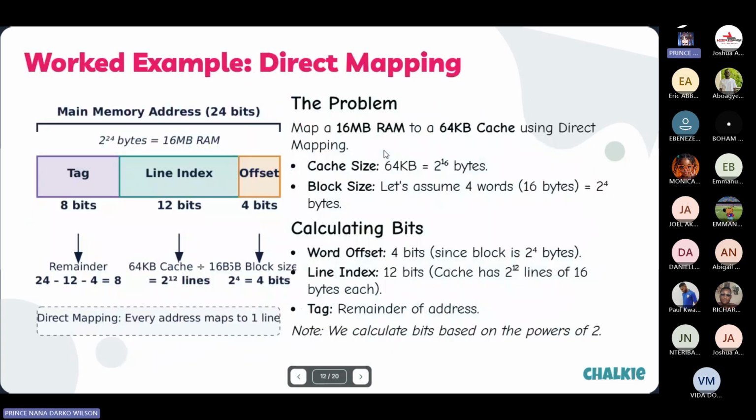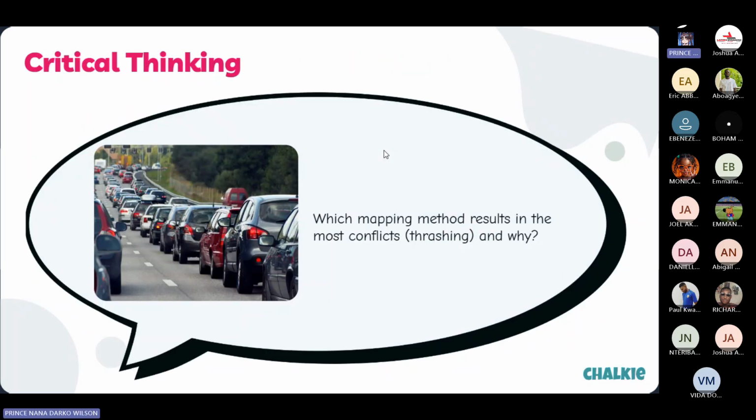Right. So it says, which mapping method results in the most conflicts? That's the thrashing. And why do you think so? So continuing with our lesson, let's answer these questions. Which mapping method results in the most conflicts, which is thrashing, and why does it happen this way?